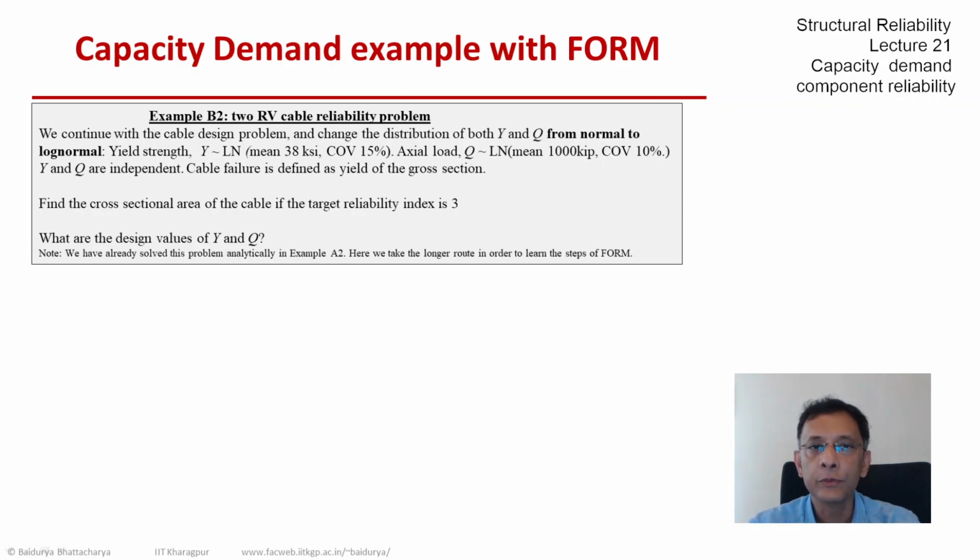How it's different from the previous example is, instead of normal distribution for y and q, we have log normal distribution for both of them, and we'll see what difference it makes to the results. So let's just take a few seconds to read the problem, and then we'll start the solution.